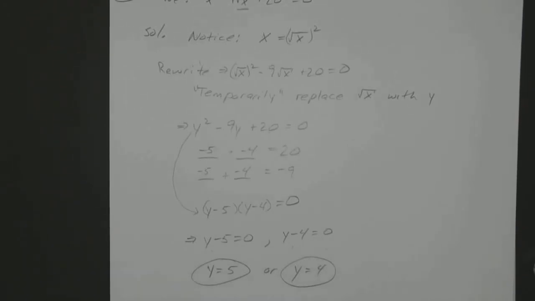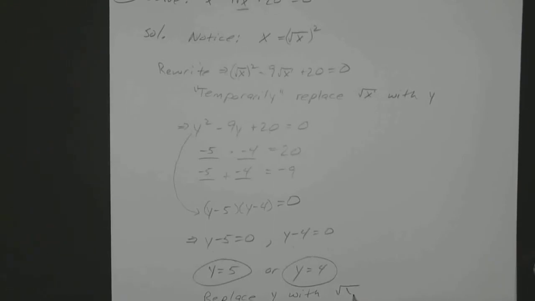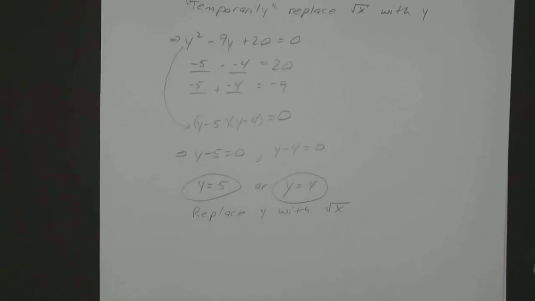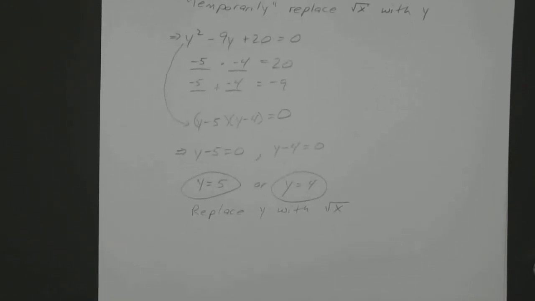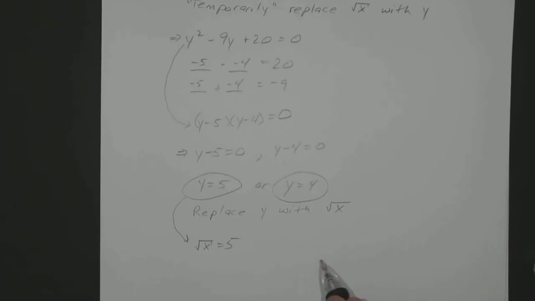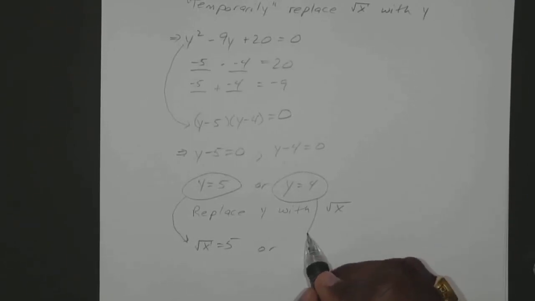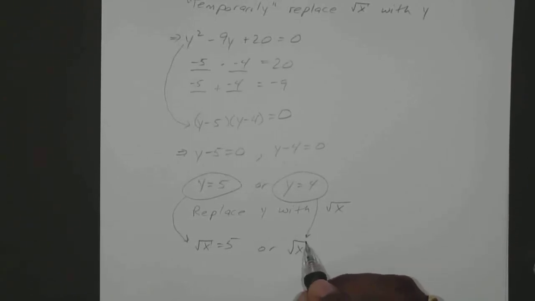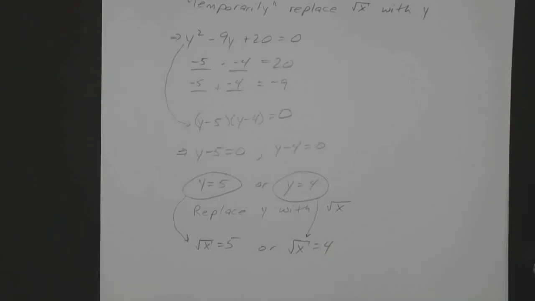Now we just replace our y with square root of x. So this becomes square root of x equals 5, and this becomes square root of x equals 4.